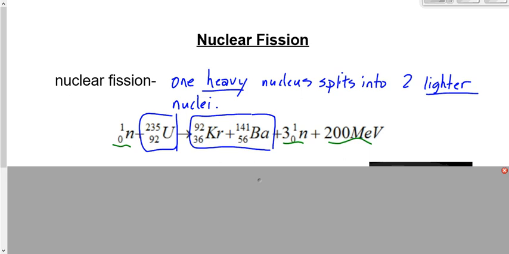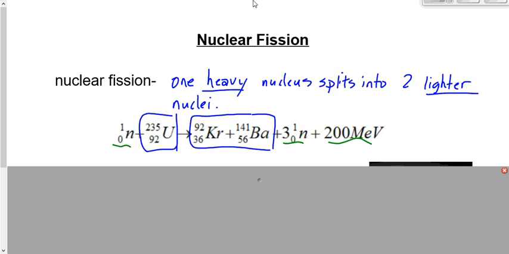Now, what are those neutrons there for? Let's look at the one on the left-hand side. Uranium-235 will eventually decay on its own, but it's going to take a long, long time. So we get this going through an artificial process. We bombard the uranium-235 with a neutron. One uranium-235 nucleus is struck by one neutron from basically a neutron gun.